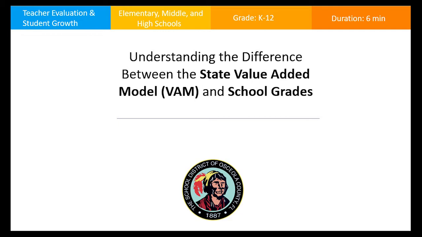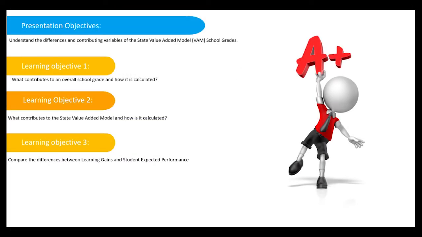In this session, we will explain the difference between the State Value Added Model, VAM, and school grades. As mentioned, the focus of this presentation is to explain how the State Value Added Model is different from school grades.